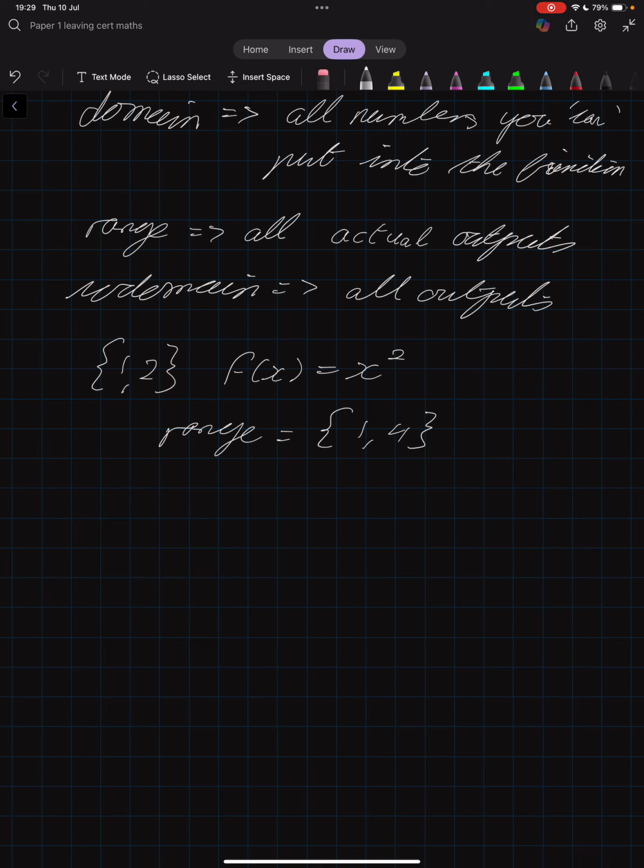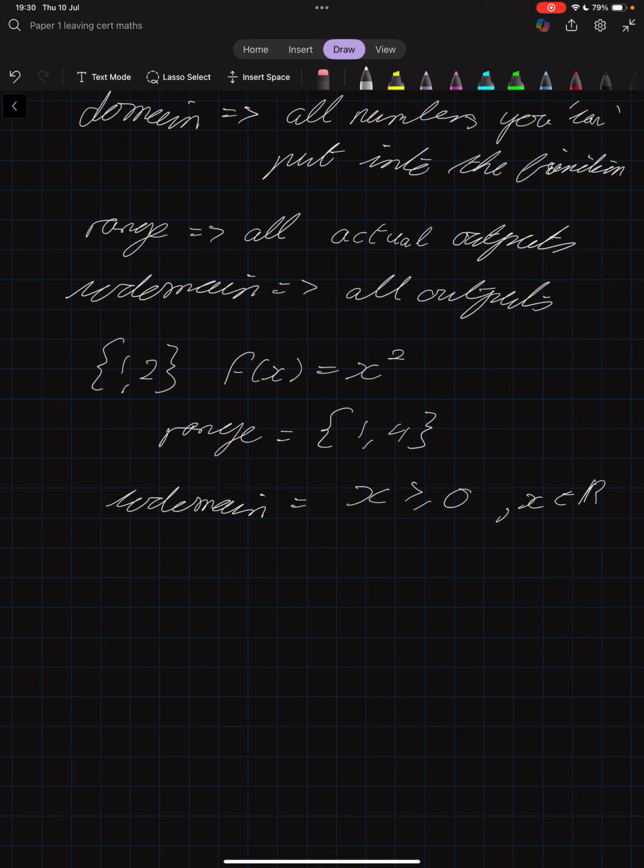But your codomain is basically all numbers greater than, you know what, I might rewrite that. So all numbers x that are greater than or equal to 0, where x is a real number.